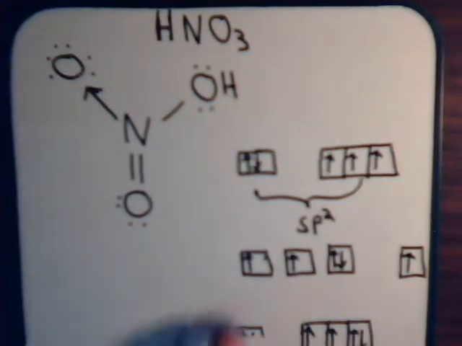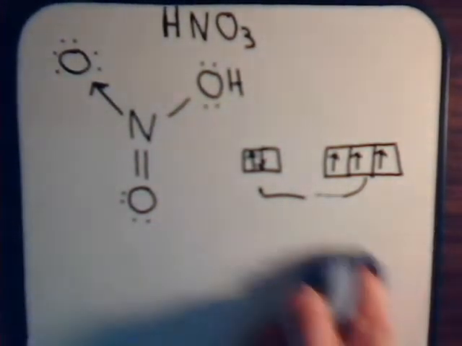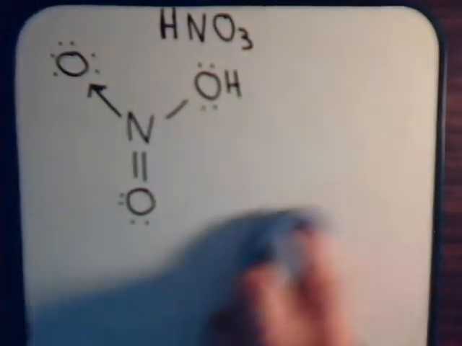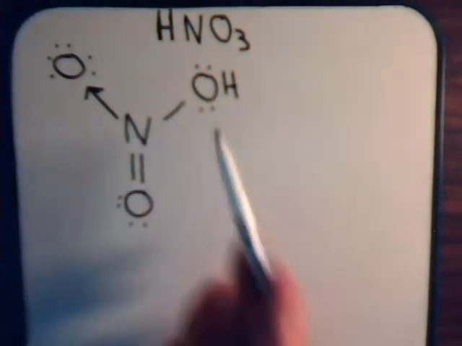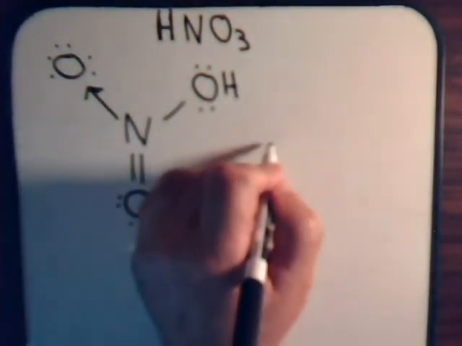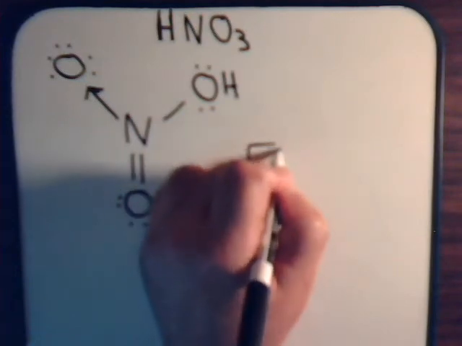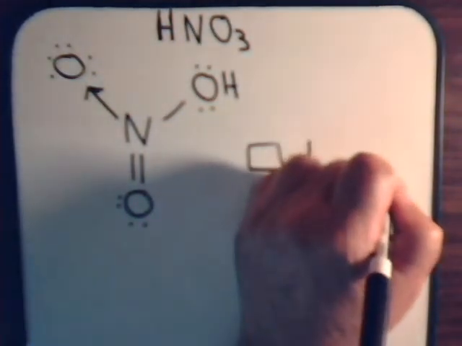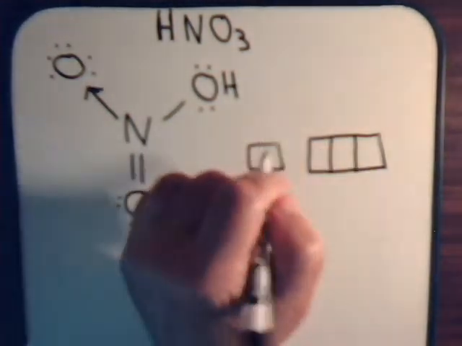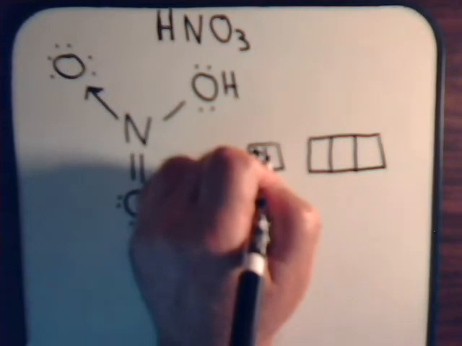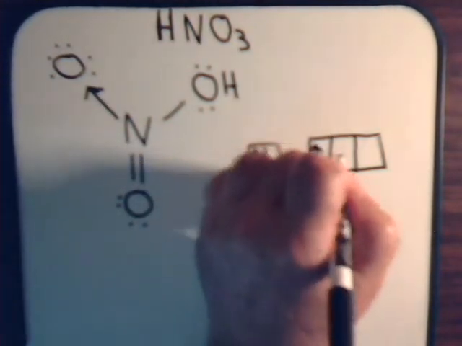Like we said, all the atoms here are sp2 hybridized, but they do it in different ways. Let's consider the hydroxyl oxygen. We've examined this before in previous videos, but let's just do it quickly here. Again, the orbital diagram for oxygen: the two s electrons and the p electrons.